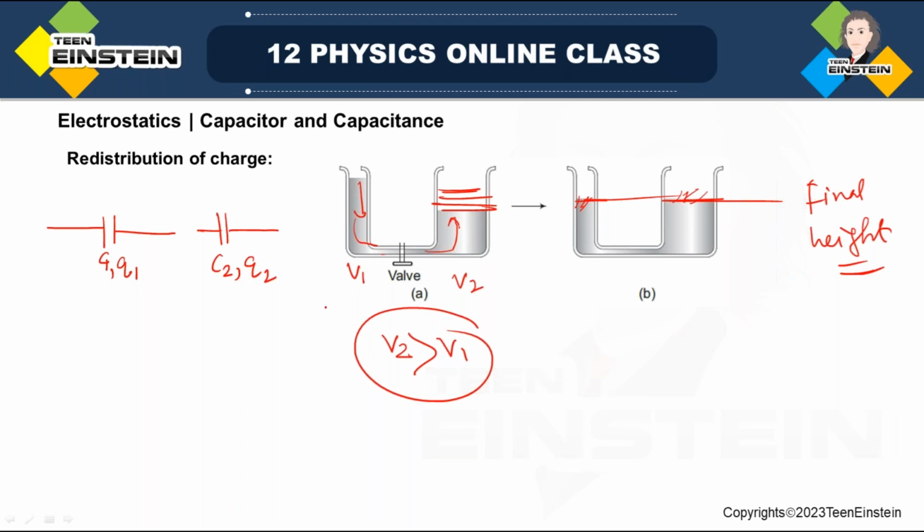So in case of capacitor, until and unless their final potential difference becomes equal, or potential becomes equal, the charge transfer will happen, or redistribution of charge will keep on going.